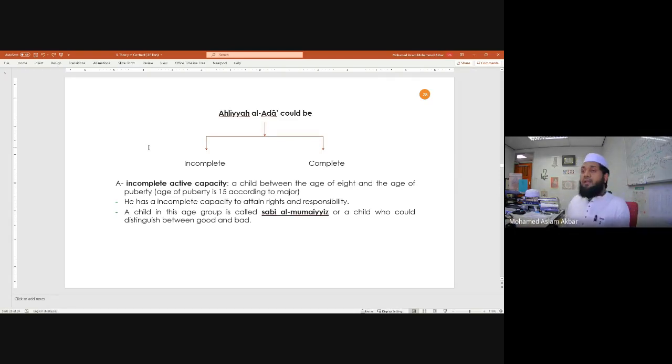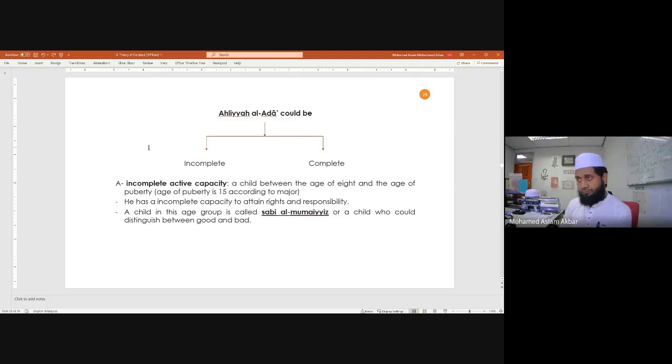I give you this name Shabi al-Mumayyiz, or you can call them distinguished child, which means the child from the age of 8 until the age of puberty, until he becomes major.